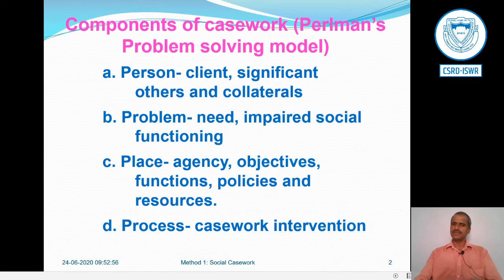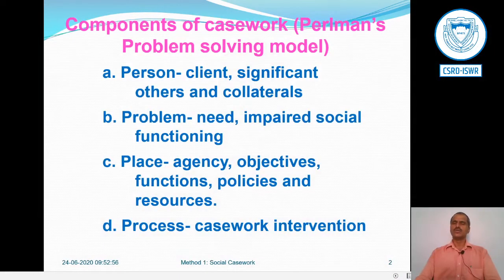They are the parents, the brothers and sisters, the kith and kin. The caseworker may have to interact with the family members and all the stakeholders in order to understand the client better and to guide the person towards a solution.